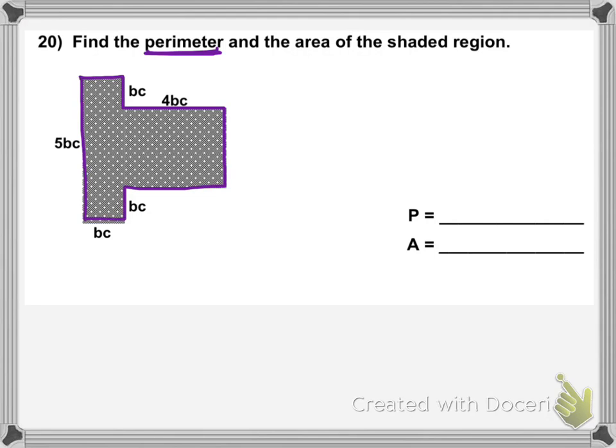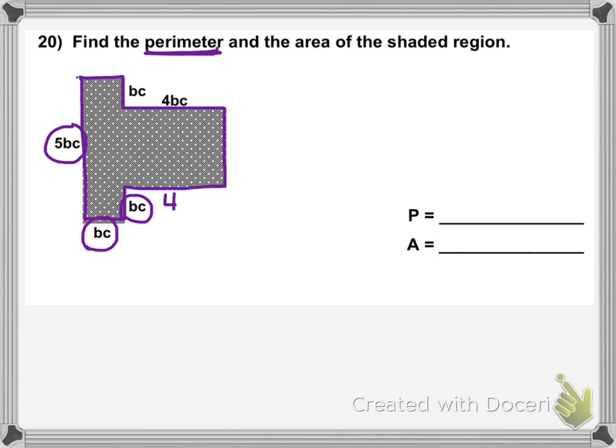It looks like we've got 1, 2, 3, 4, 5, 6, 7, 8 sides. So we're just going to add them together. This side on the left is 5BC. Down here we've got BC. On this side we've got BC. Now this side right here is going to be the same as this 4BC up here, so I'm just going to rewrite it.